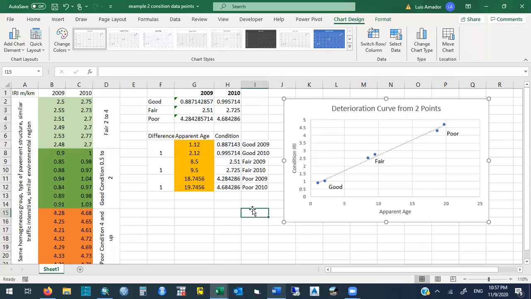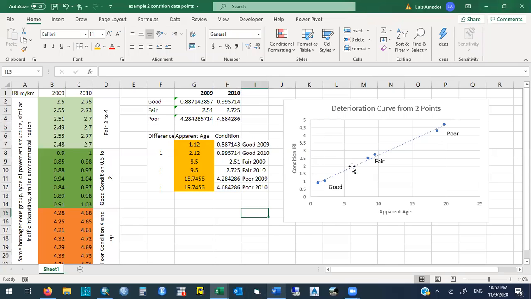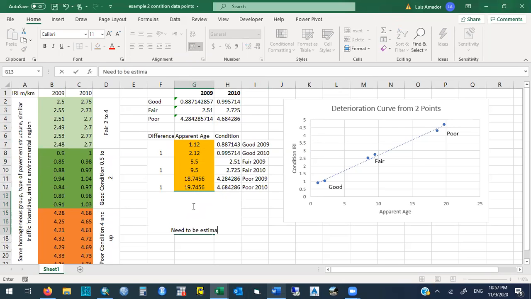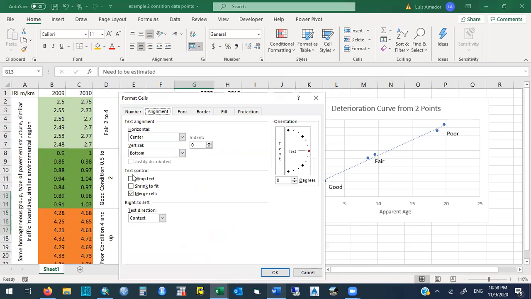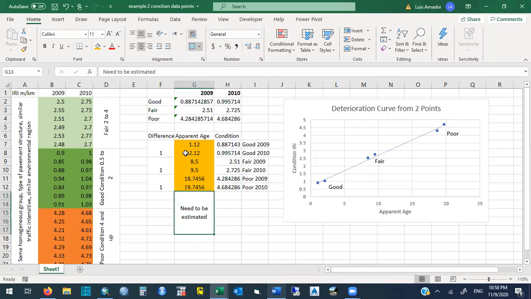Okay. So this is the deterioration curve, but I need this information. This is what I need to estimate. The way to estimate this is because I know this difference is 1 year.